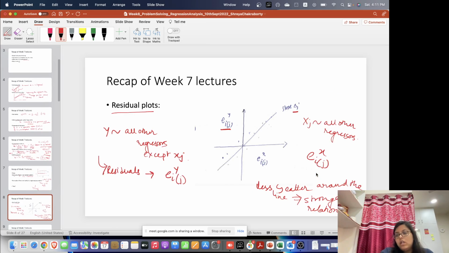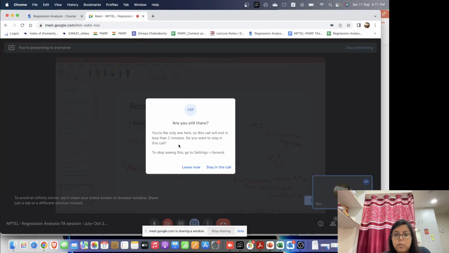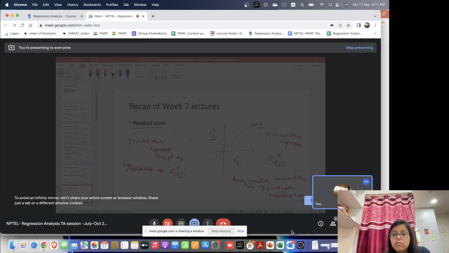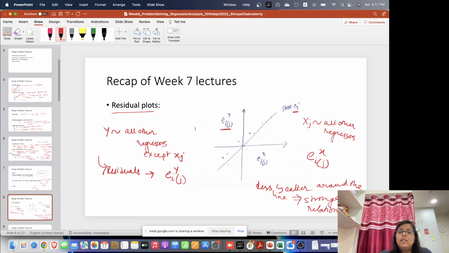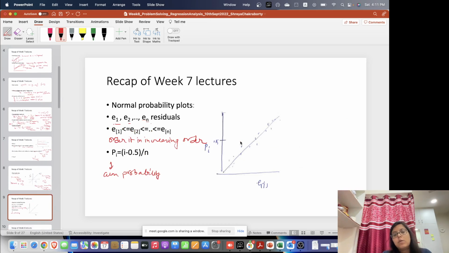We also learned about how to get a residual plot, and the slope would always be beta j. If there's less scatter, then it would imply that there is a stronger relationship. And we also learned about the normal probability plot.